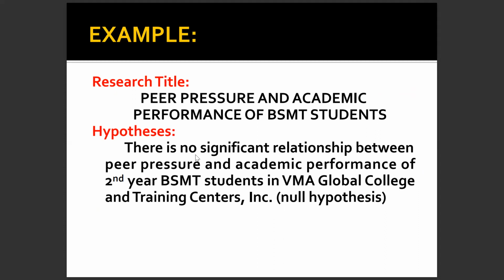So this is null, since we have here the word no. So this actually answers the question, is there a significant relationship between peer pressure and academic performance of second-year BSMP students in BMA Global College and Training Centers Incorporated? Question 1. So this is the null hypothesis form to answer our inferential question.